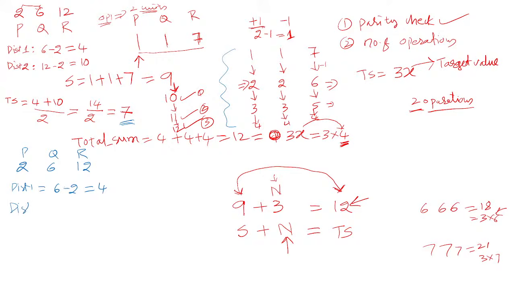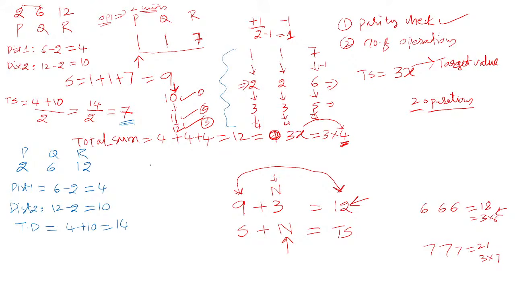The gap between the first and third number is 12 minus 2, which is equal to 10. That means the first number has a total gap, total distance, you can say total gap. So it is 4 plus 10, 14. It has a total of 14 units of gap with the other two numbers.